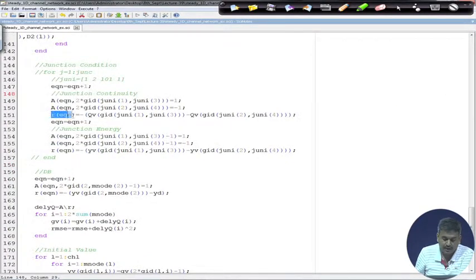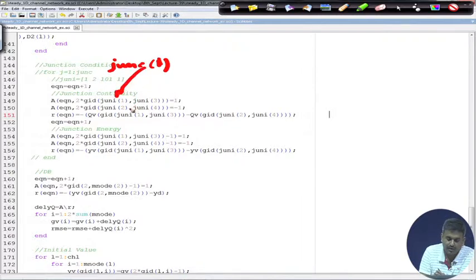If I add these conditions, the first term is junction information, this is the first channel, this is corresponding to L, second one is I. And the third one is junction condition for the location of the end section, this is 3 and that means 101.